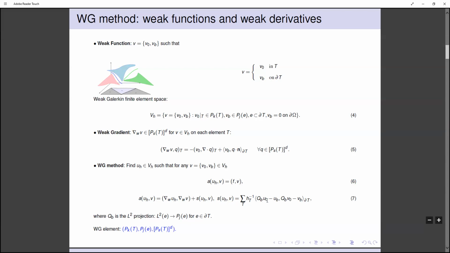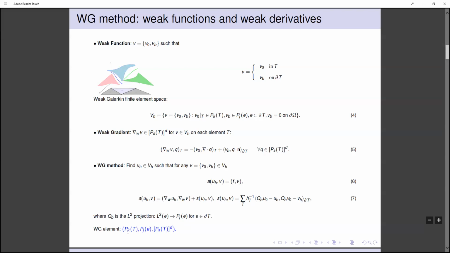The stabilizer is defined like this. I'd like to mention that Qb here is the L2 projection to the j-th order polynomials defined on E. That's the space vb is in. And if u0 and ub use the same degree of polynomial, we don't need Qb there.